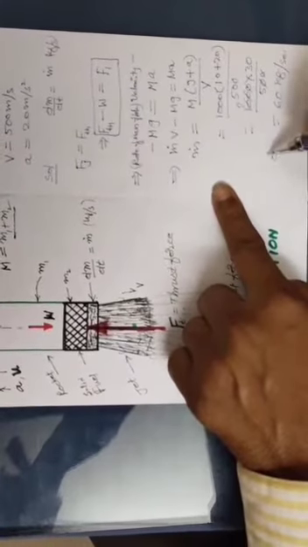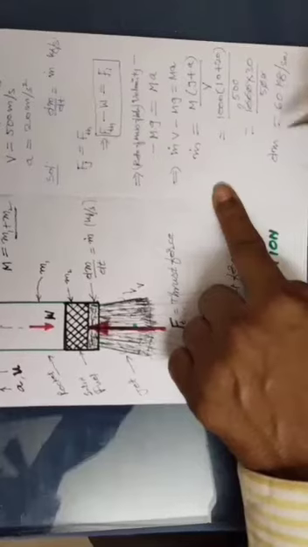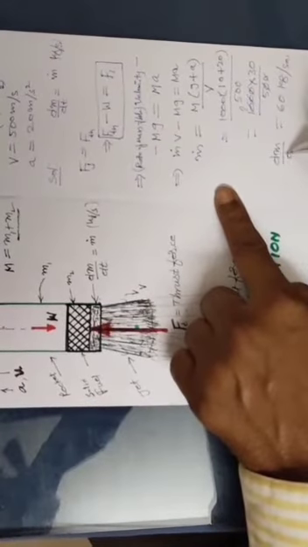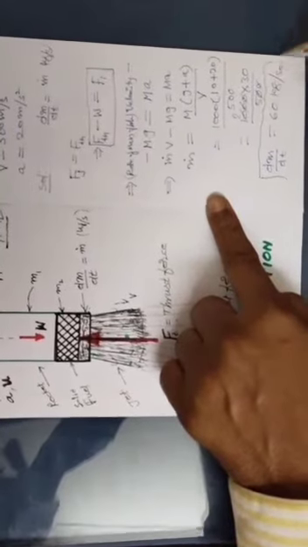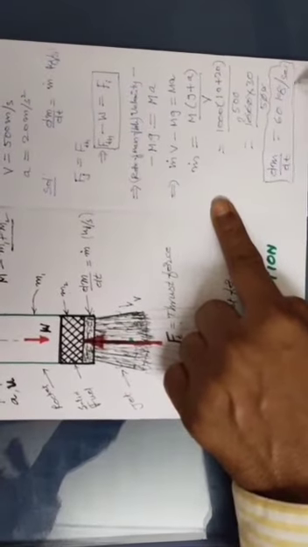This is the fuel consumption at that instant to get a certain acceleration.